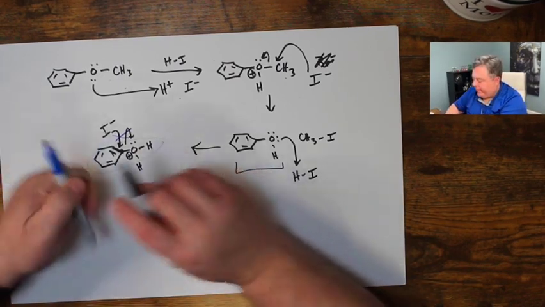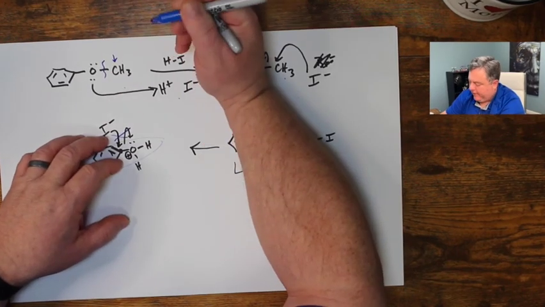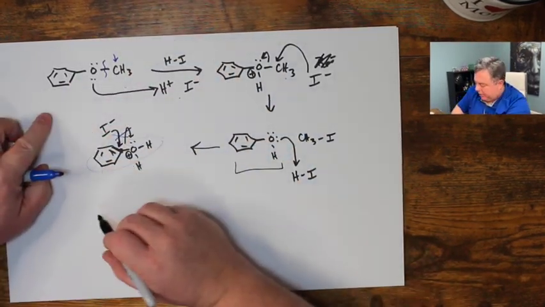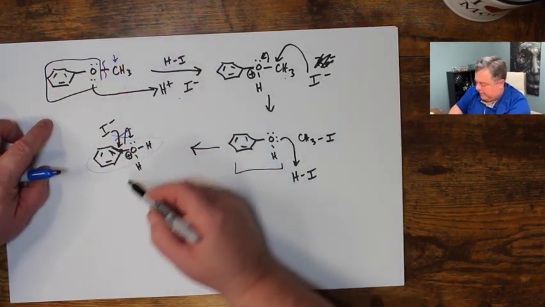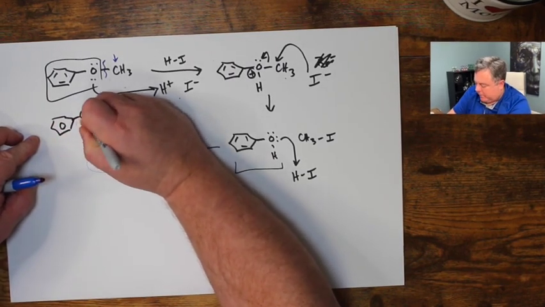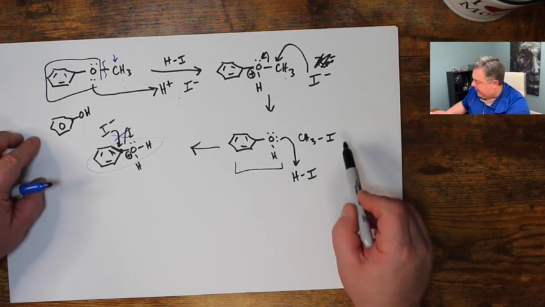So when this happens, we can cleave here and put an iodine on the methyl, but we cannot cleave this side. So whenever you have a phenol or a double bonded compound, this part makes phenyl OH, and this part is the part with the bromine or the iodine on it.